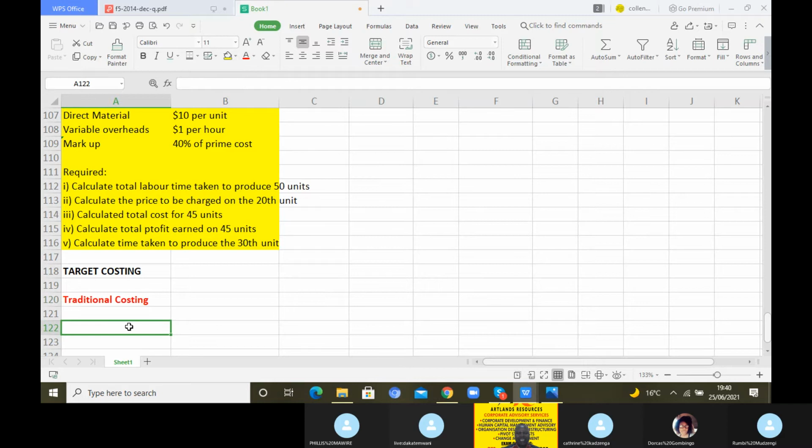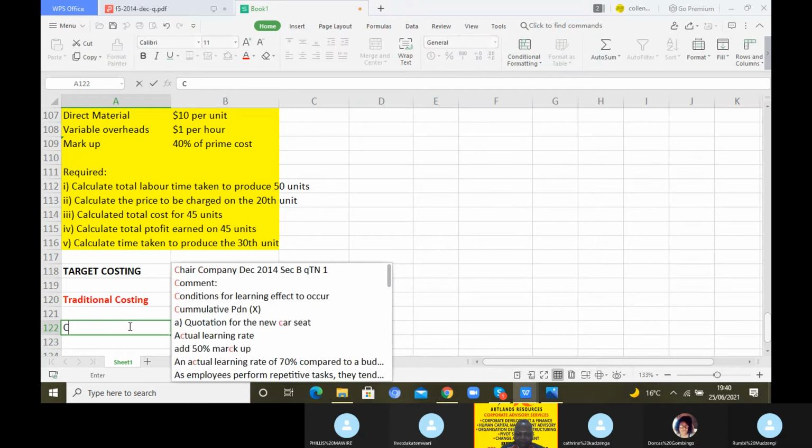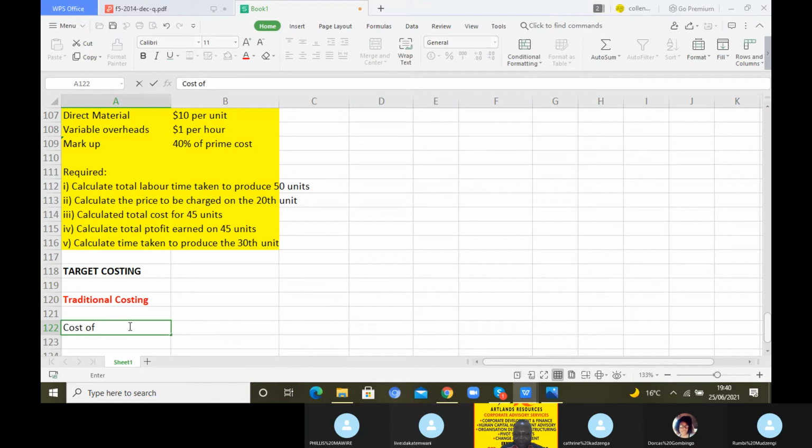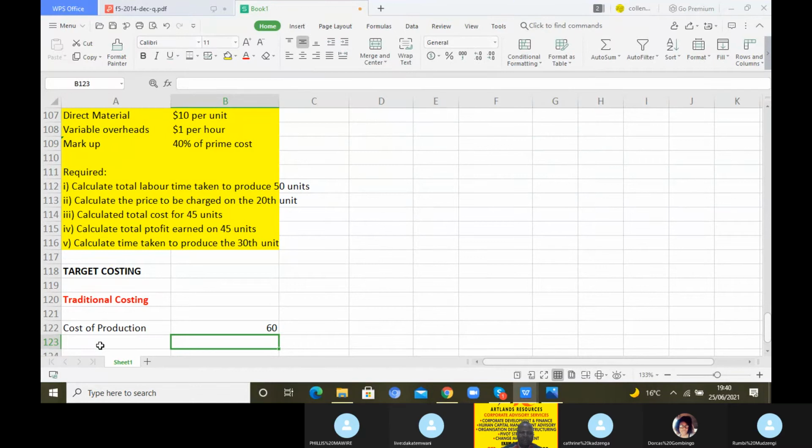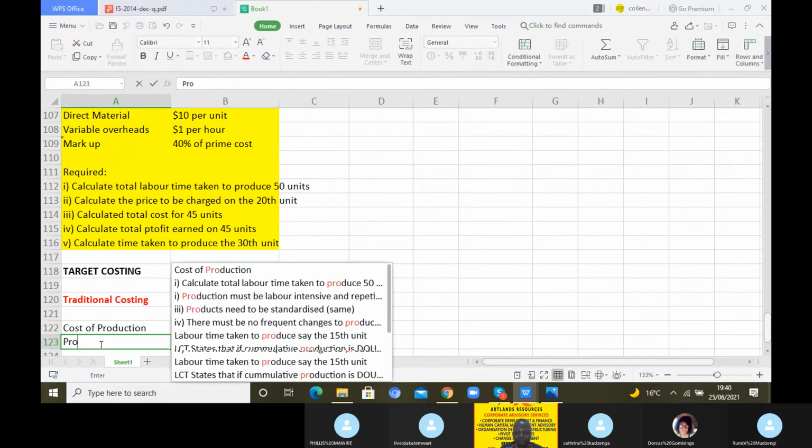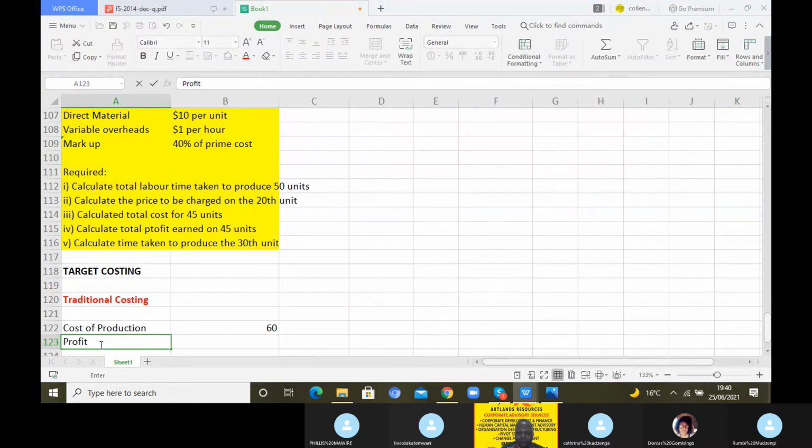The cost of production of your cake is $60, and then you are charging a profit or markup of, let's say, $40.